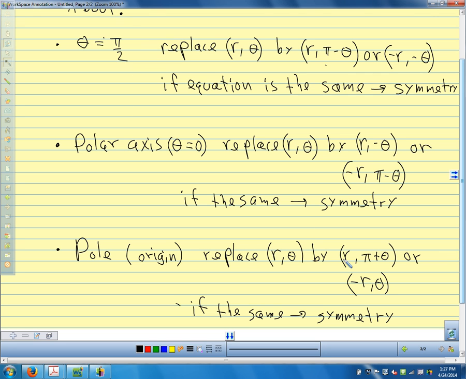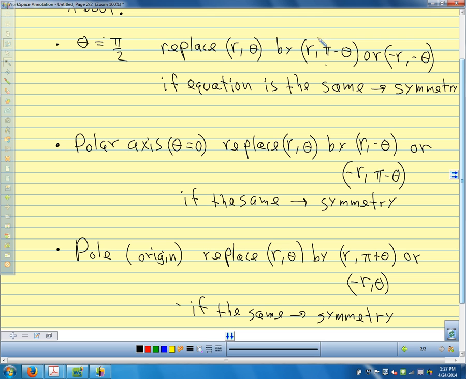So that's the kind of problem you would be asked to do. But I want to tell you a couple of shortcuts that make our lives a little easier. These are just like our tests for symmetry about the x-axis, the y-axis, and the origin.